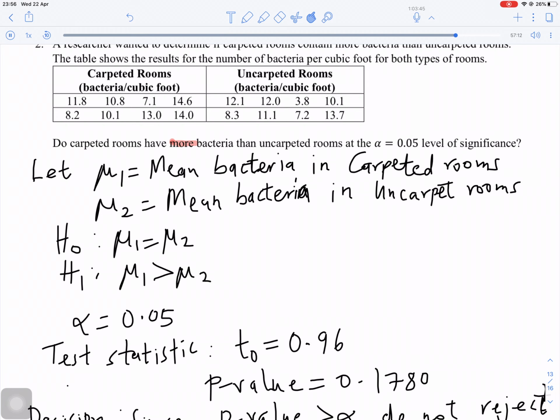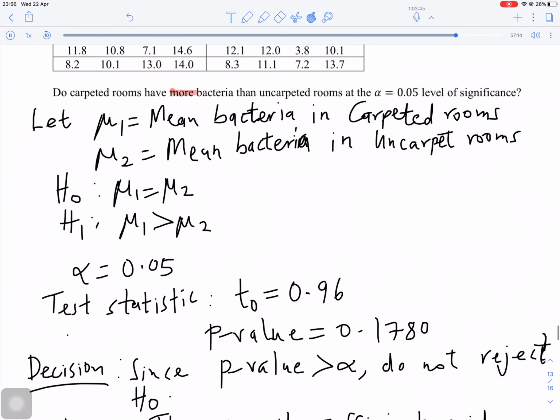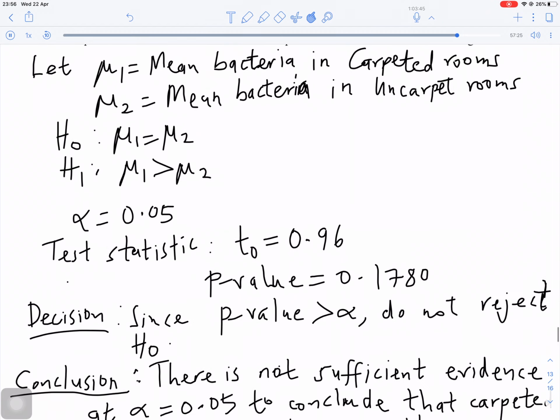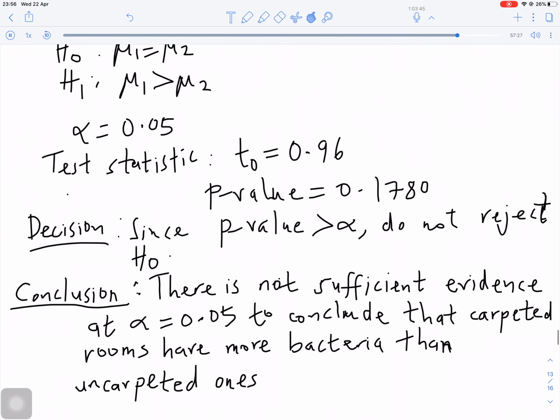Alright, so what would our decision be? Now you realize that the p-value is greater than alpha, so we say that since p-value is greater than alpha, do not reject H0. And what is our conclusion?